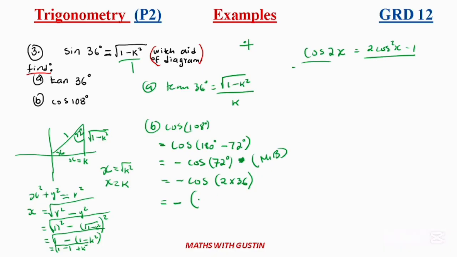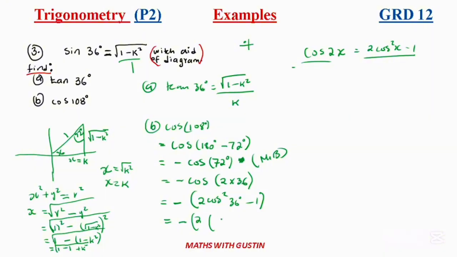So I'm going to change this into minus 2 times 2 cos squared 36 minus 1. Okay, and then cos 36, I'm just going to put it here as cos 36.